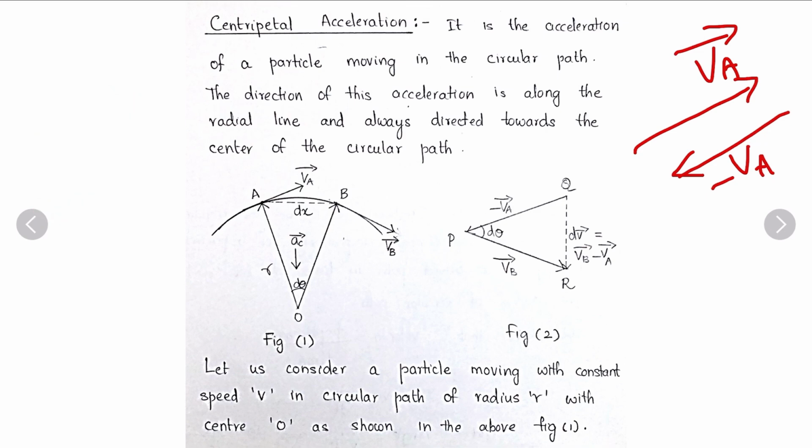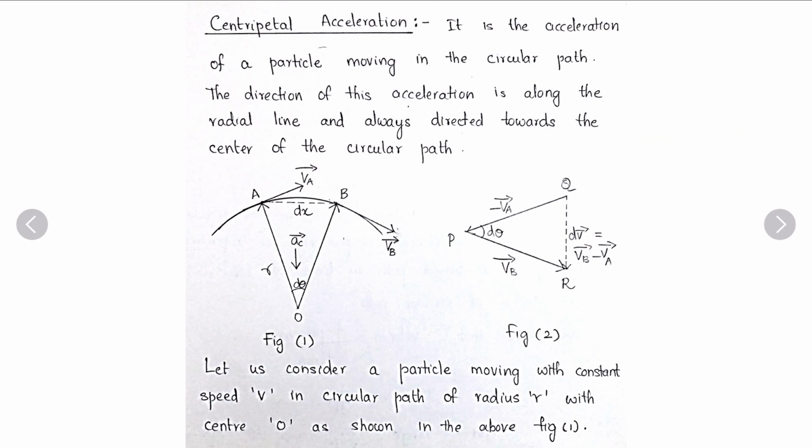So now we have taken minus VA here, and then VB we have taken here. You can see here, it makes a triangle. The head of minus VA is here and the tail of VB is here. The tail of VB is touching the head of minus VA.